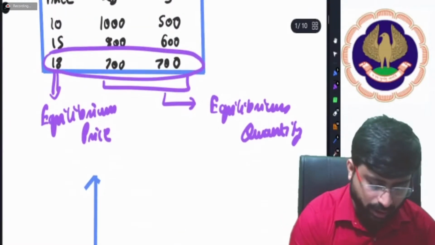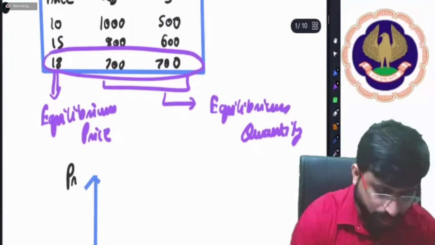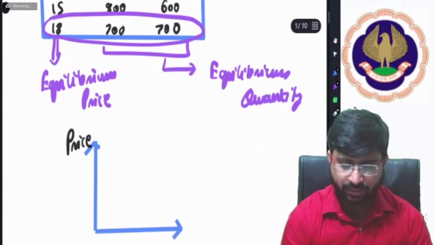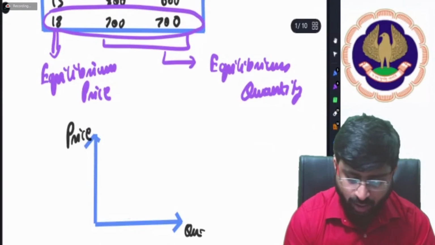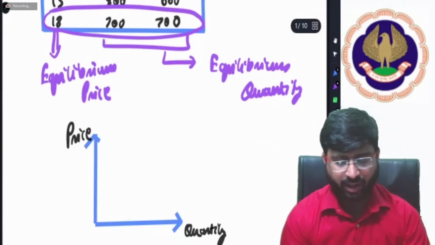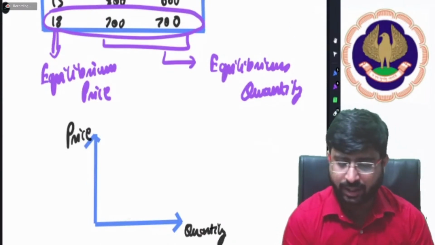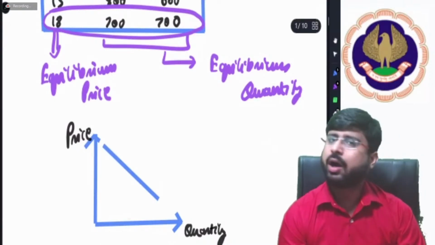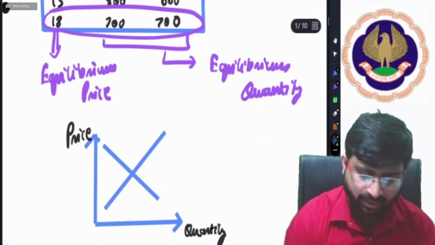So here I draw it. Here it is price, and here we have quantity. Now we have price and quantity in our hands. Now see, this is quantity demanded. This is quantity supplied.